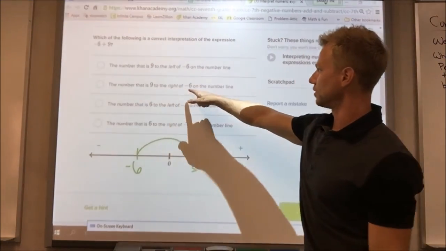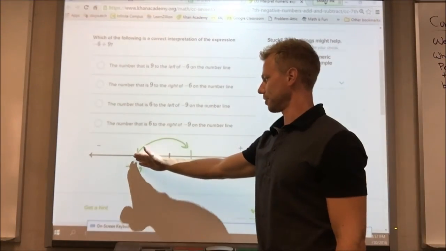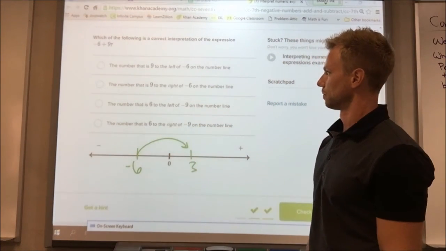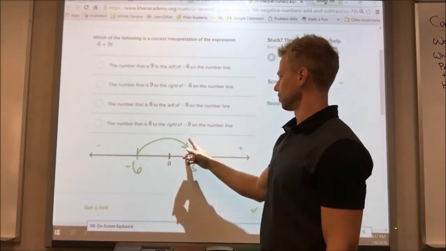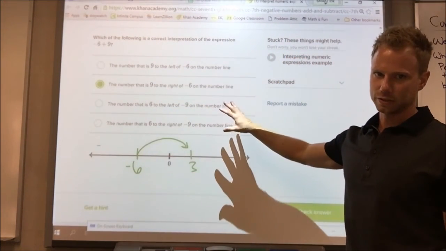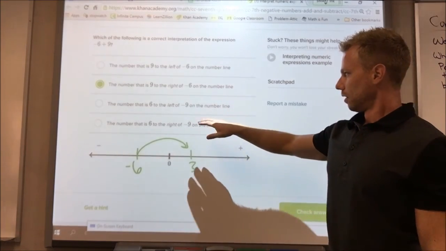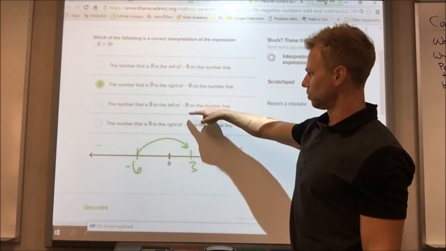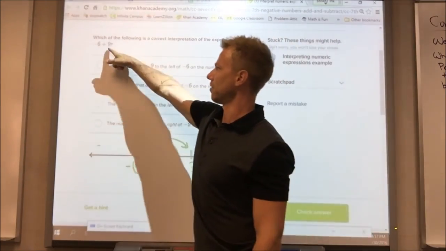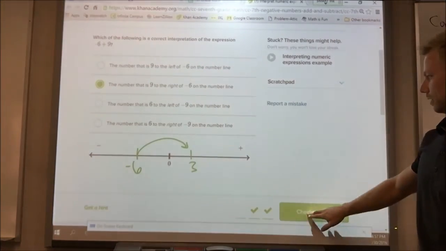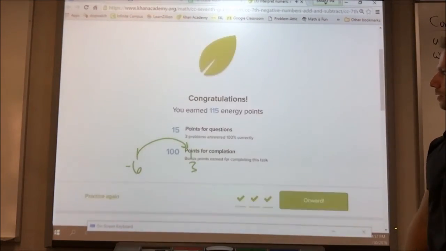The number that is 9 to the right of -6, start at -6, go to the right, that seems to make sense. It's a +9 going to the right. So that one seems to work so far. Let's check out the other two to make sure. The number that is 6 to the left of -9, well, these both have -9. We don't have a -9 in our problem, so those don't make sense. So it's got to be the second one there.